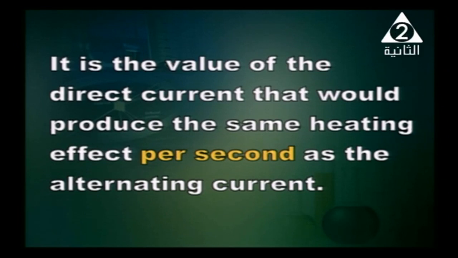It is the value of the direct current that would produce the same thermal effect, heating effect per second, as the alternating current.